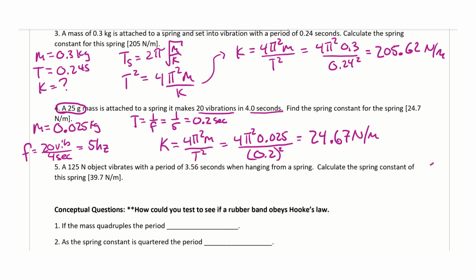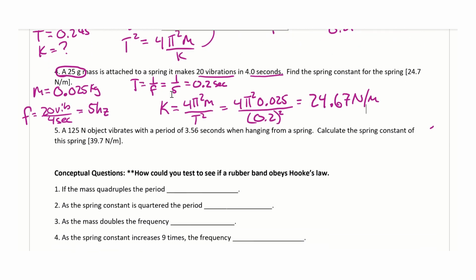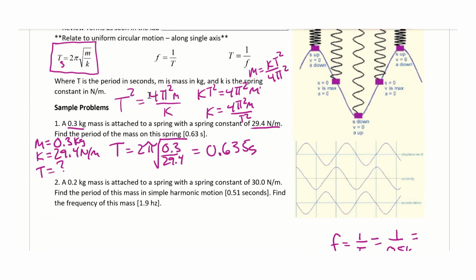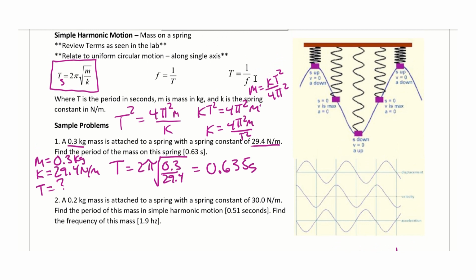All right, and then 5 is another practice question where we have to find the spring constant. So we'll do that a similar way. Remember that if we do need to solve for mass, you are going to be using this form of the equation right here.